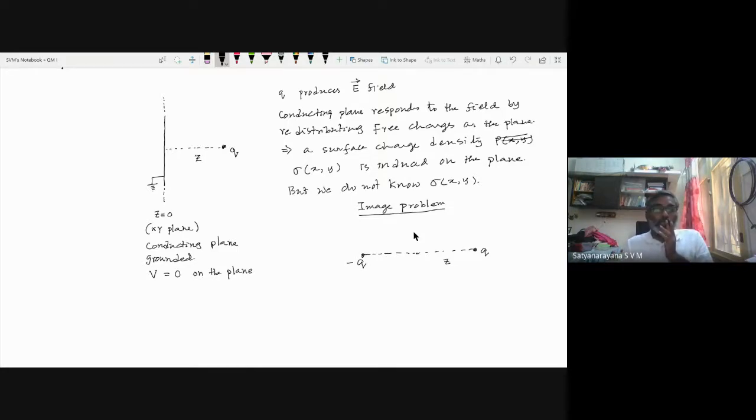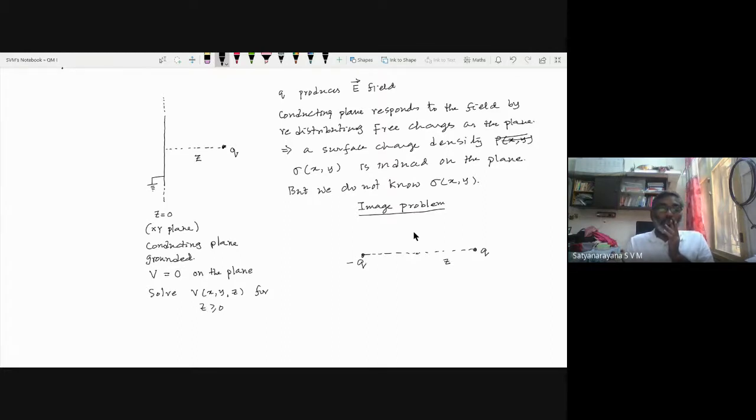Now you notice that suppose somebody asks you to solve v of x comma y comma z for z greater than or equal to 0. That means you are interested in this region.